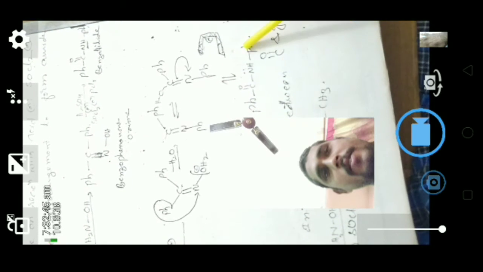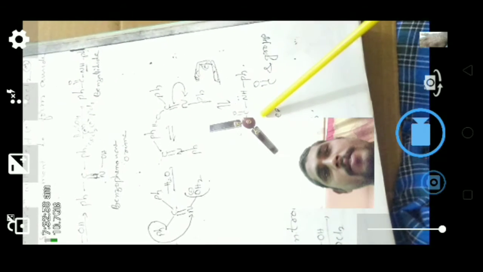This on rearrangement gives benzanilide. Here the hydrogen shift takes place from oxygen to nitrogen and gives benzanilide.